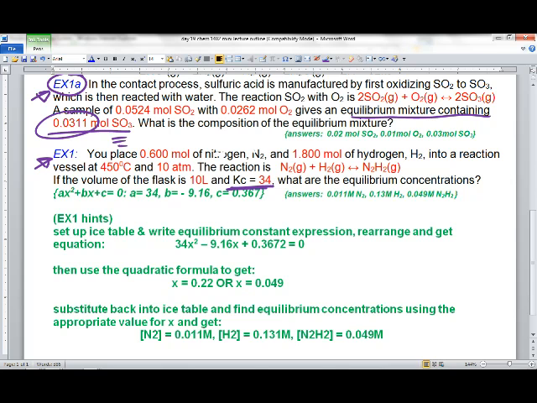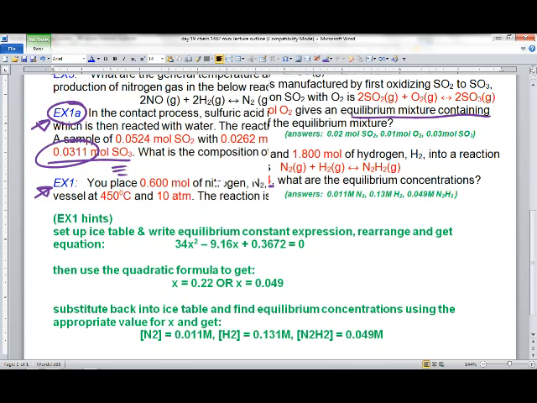Okay? So pretty much, I think, whenever they give you volume, you have to put it in terms of concentration right off the bat. If they don't give you volume, you don't have to worry about it. But if they do give you volume, just make an ice table with concentration.